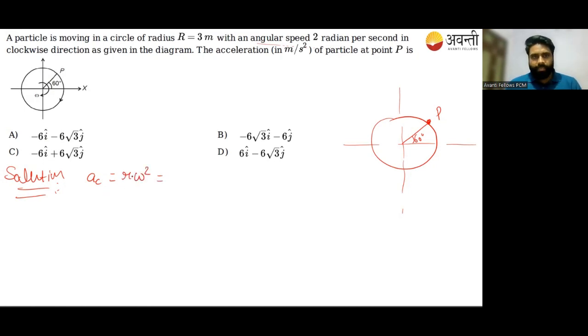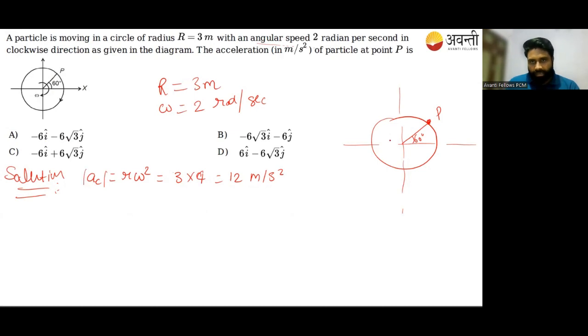Okay. What is the value of r? r is given as 3 meter. Omega is given as 2 radian per second. So this is r, 3 meter, into square of 2, which is 4. So 12 meter per second square is the magnitude of acceleration that you have.